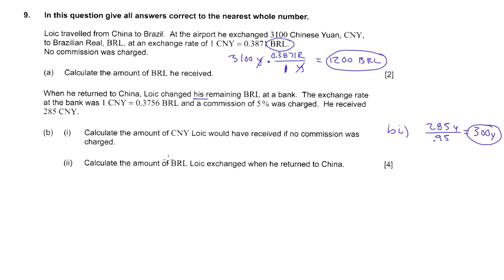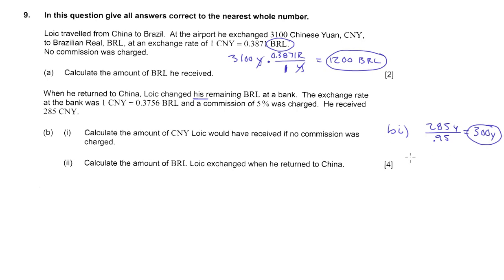Okay, calculate the amount of Brazilian real Loic exchanged when he returned to China. So what we're going to have to do is basically work backwards. Okay, so he ended up getting this many yuan. Before his commission he had 300, so that's how much he ended up converting.